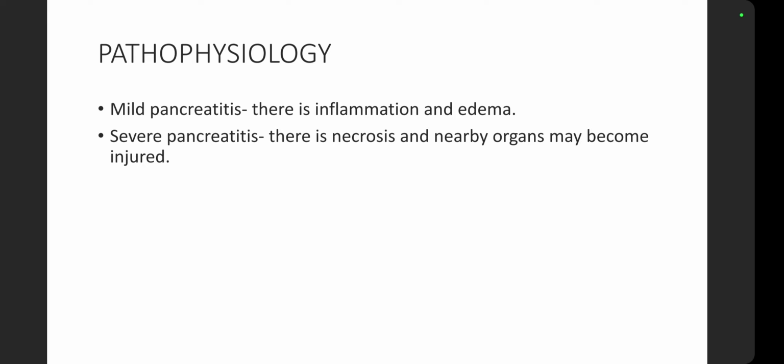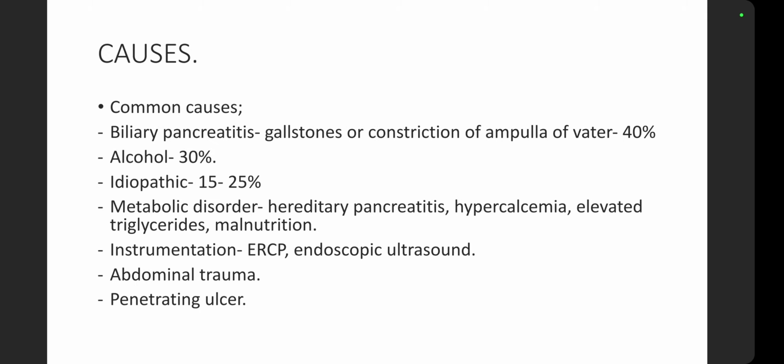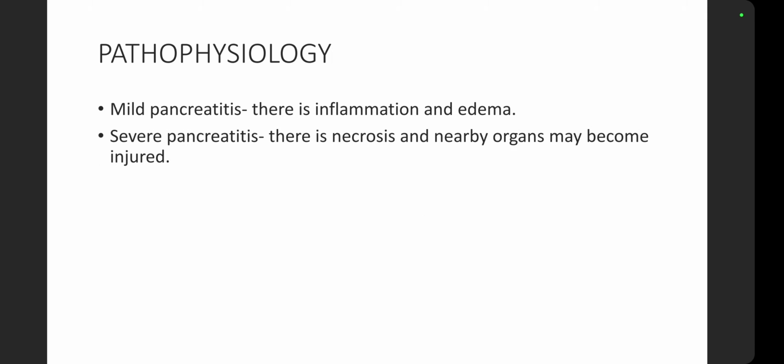When there is mild pancreatitis, there is only inflammation and edema. When there is severe pancreatitis, the necrosis happening around the pancreas damages the nearby cells. So, as I said, in mild pancreatitis there is inflammation and edema; in severe pancreatitis there is necrosis, and nearby organs may become injured in the process.